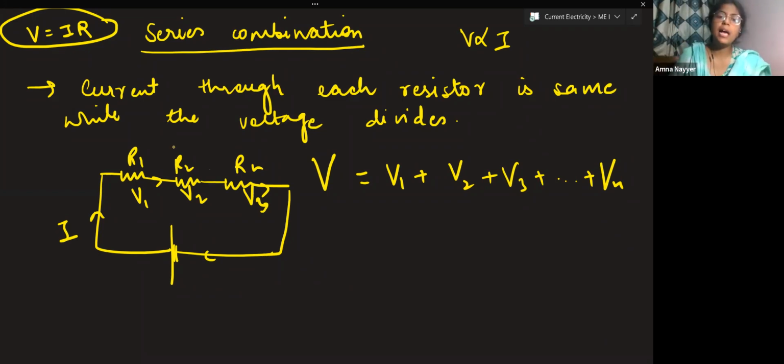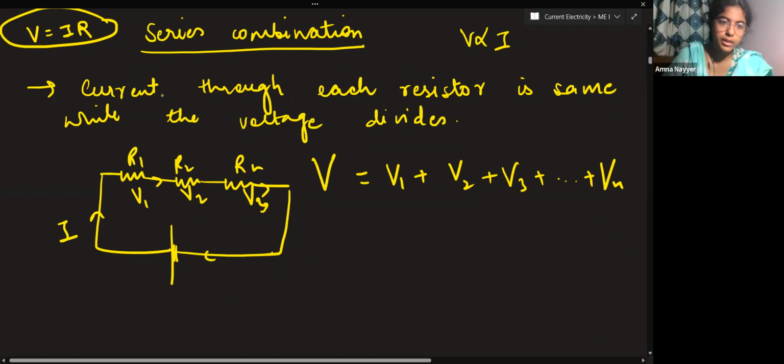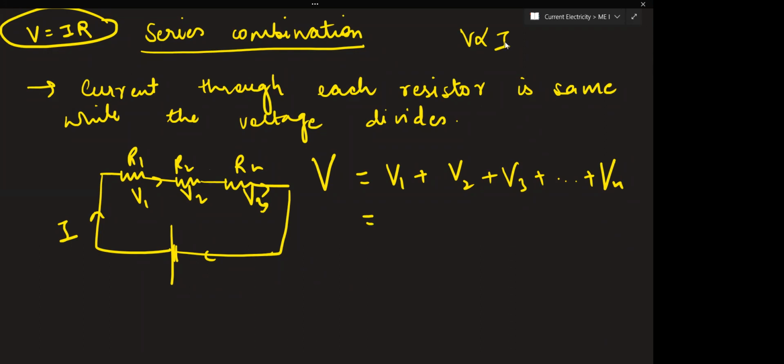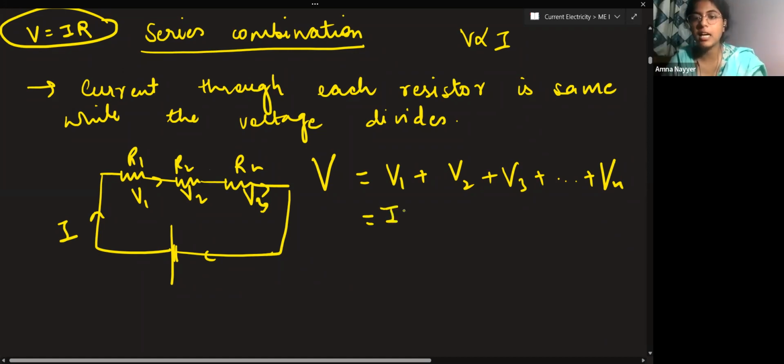So if we apply Ohm's law over here, can you try for the first resistor, what will be the value of V1? Ma'am, I into R1. I into R1, perfect. Similarly, this will be I into R2 plus I into R3 up till I into Rn.